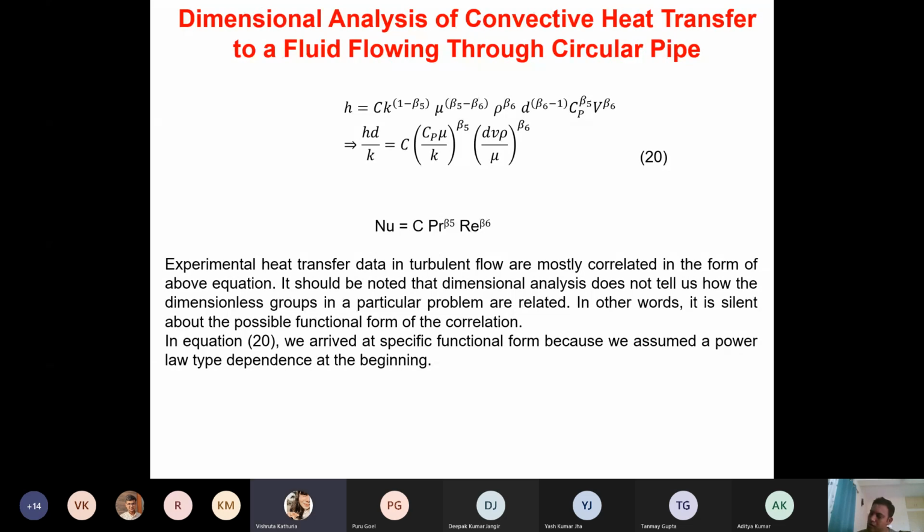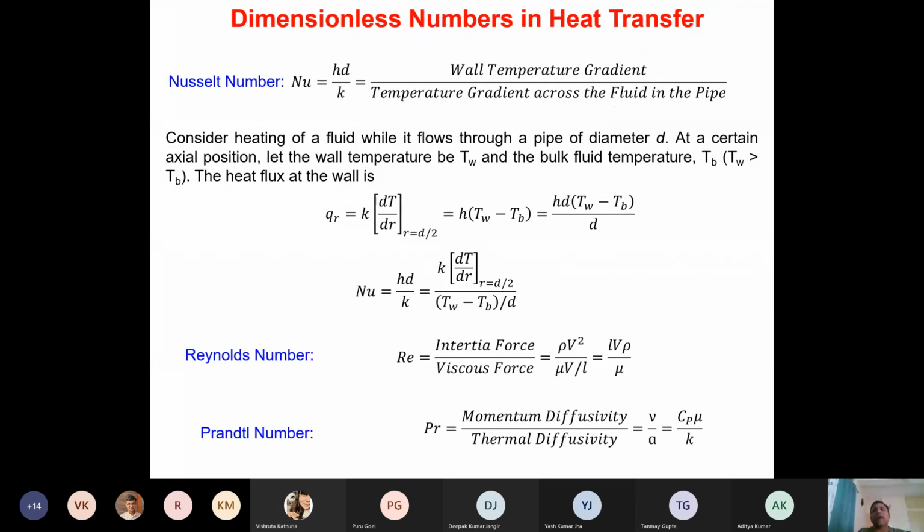Okay. So let us look at some of these dimensionless numbers. So far we have only looked at the concept that we wanted to correlate the heat transfer coefficient because we wanted to keep our life simple. I am not interested in getting an exact solution.